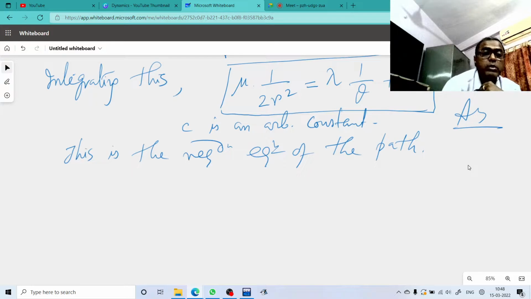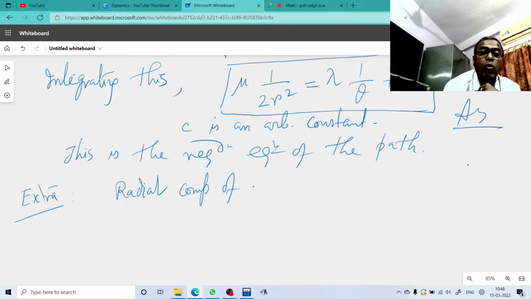Extra part for this question: the radial and cross radial components of acceleration. The radial component of acceleration, Fr, equals r double dot minus r theta dot square.